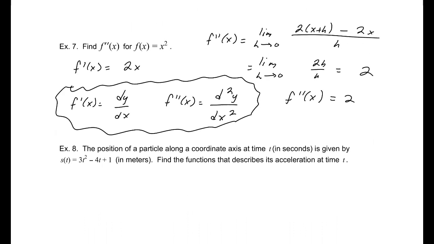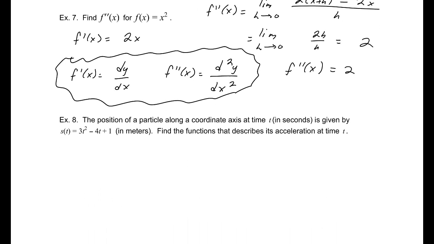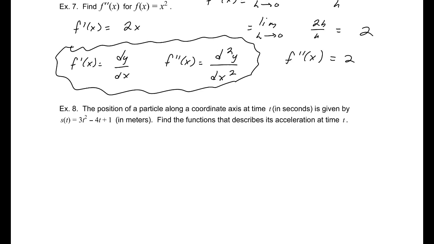All right, number 8. The position of a particle along a coordinate axis at time t is given by s of t equals 3t squared minus 4t plus 1. Find the function that describes its acceleration at time t.